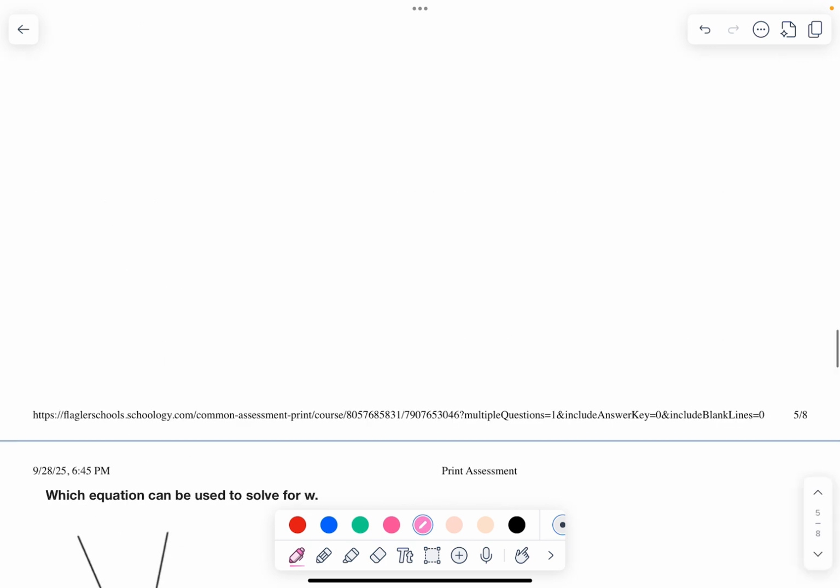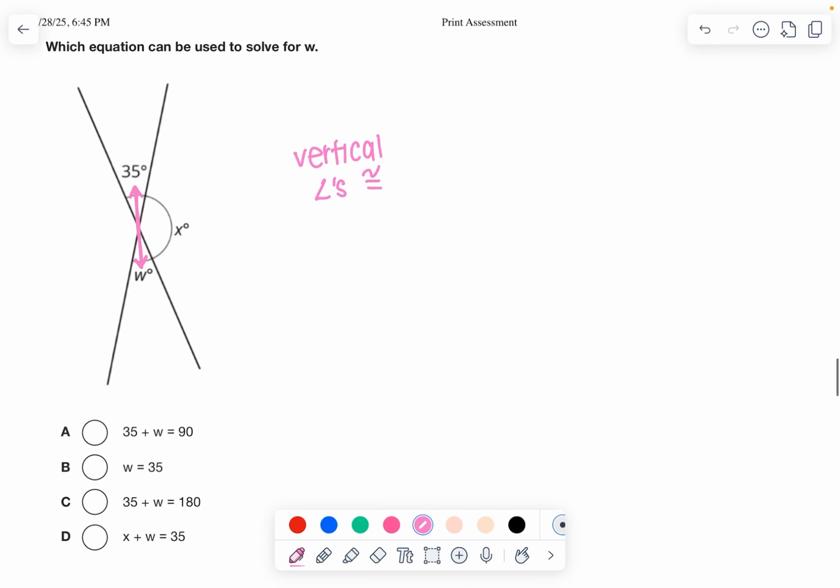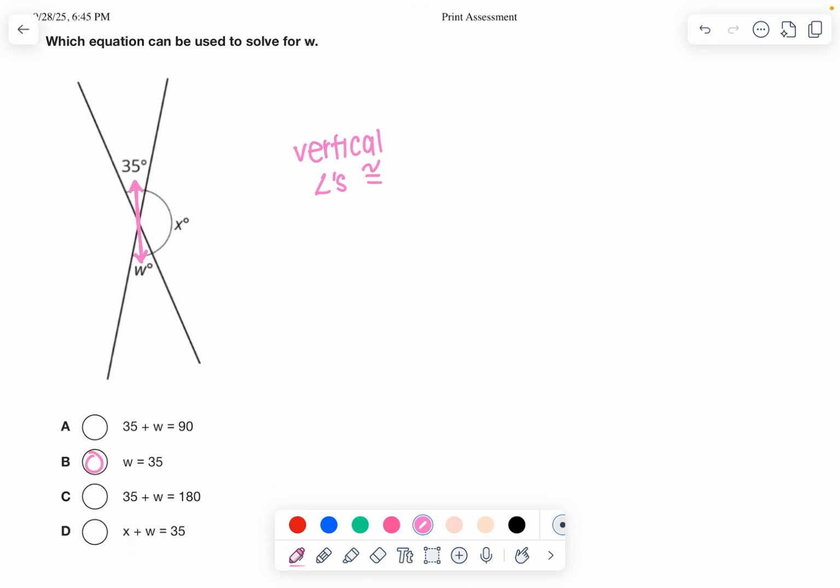Those are vertical angles. And vertical angles, angles that are directly across from each other, are congruent. So W just equals 35 degrees based off of the fact that they're vertical angles.